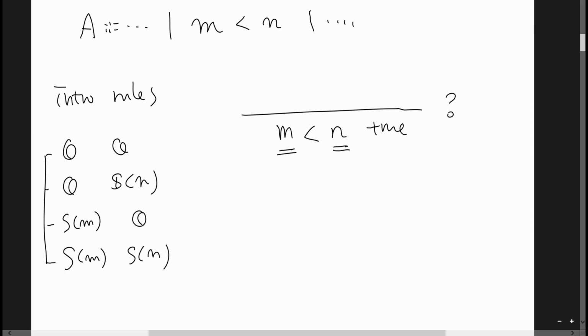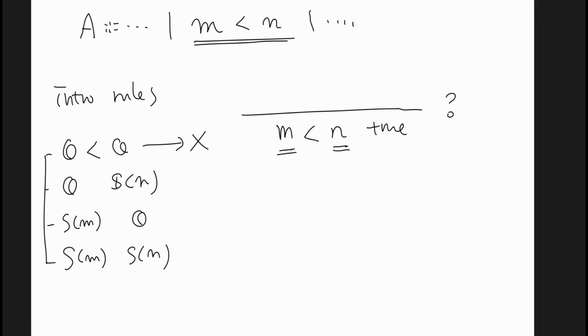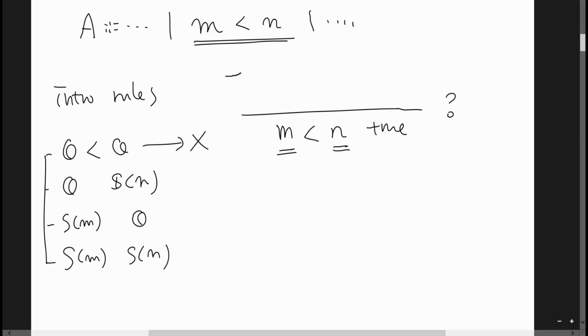So can we deduce 0 less than 0? According to the intended meaning of this less than predicate, this should not be provable. We are in the middle of inspiring some interesting meaning into this symbol, this predicate.